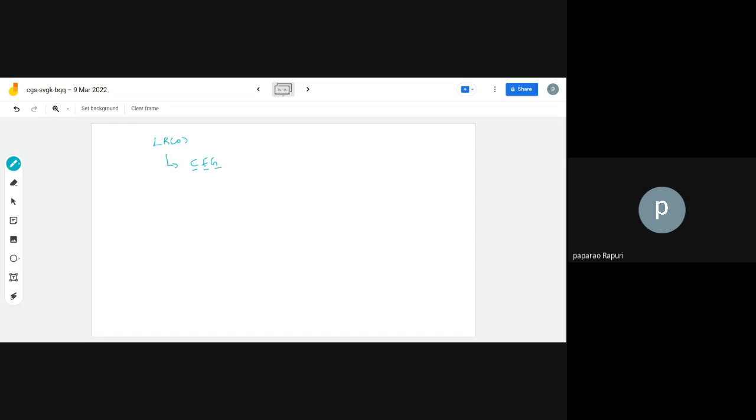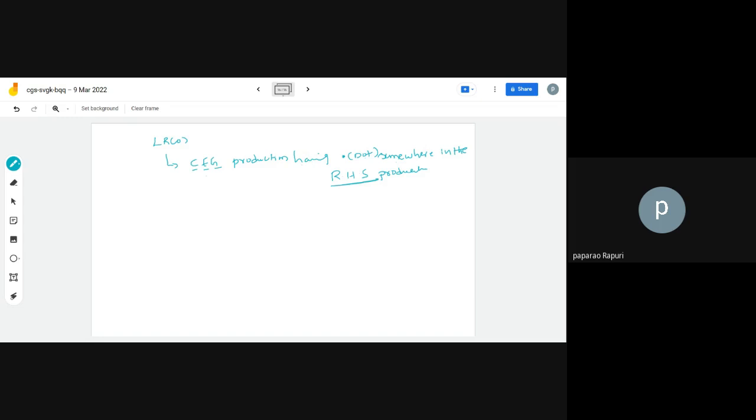For any CFG production having a dot symbol somewhere in the right hand side of the production.